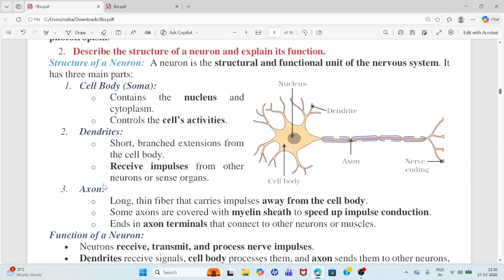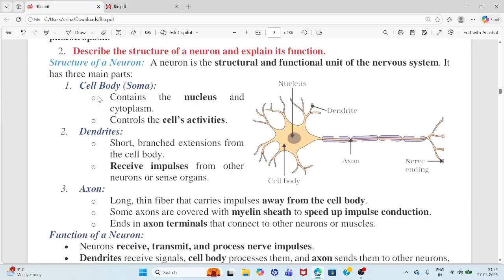Second one, describe the structure of neuron and explain its function. Structure and functions of neuron you have to write. See this. This is the neuron. Structure of a neuron: a neuron is the structural and functional unit of the nervous system.